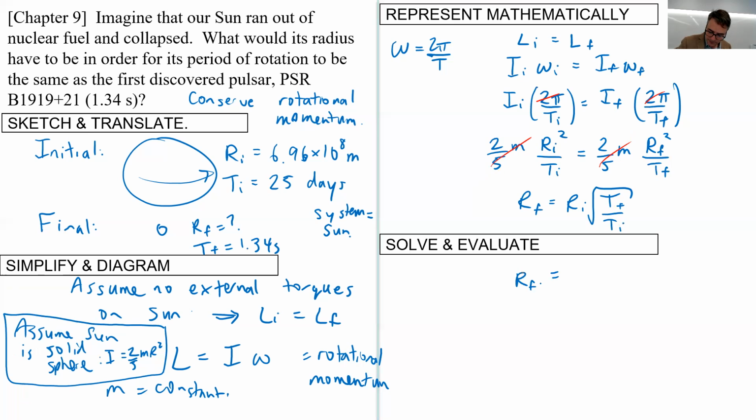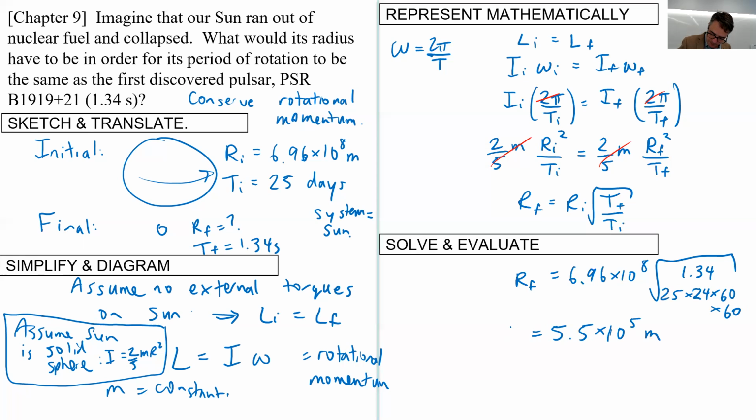So R final is equal to 6.96 times 10 to the power 8 meters times the square root of 1.34 seconds divided by 25 times 24 hours in a day times 60 minutes in an hour times 60 seconds in a minute. And I get 5.5 times 10 to the power 5 meters.